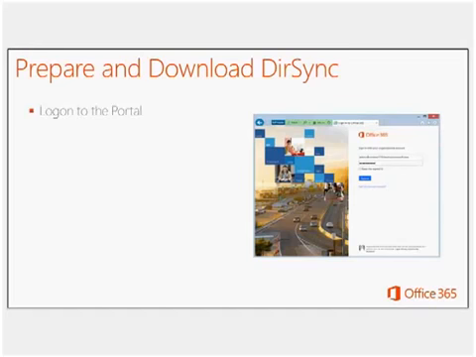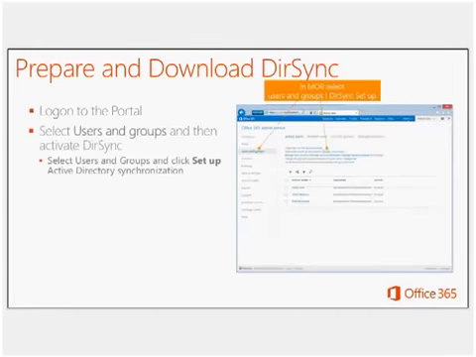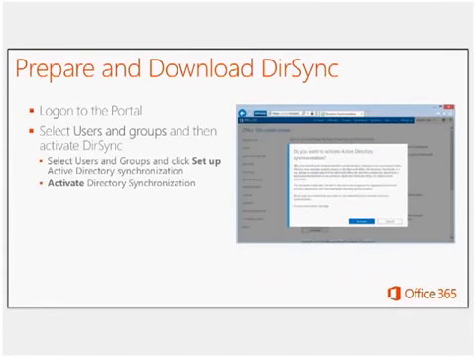Logging into Office 365, going in and selecting users and groups, you can see there in the administration portal, DirSync, click Setup, and it will kick you into a pretty quick and easy wizard that says, do you want to activate directory synchronization? Absolutely. Are you sure you want to activate it? Absolutely.